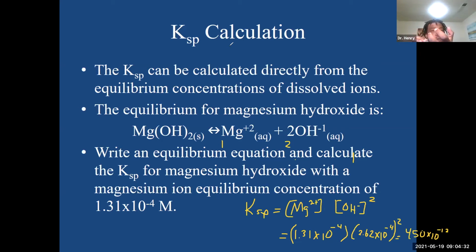You have solid being made at the same time ions are being produced, and the rates of those are exactly the same. That's what equilibrium is. It could favor one side or the other, but the rate of making a solid is the same as the rate of making the ions.